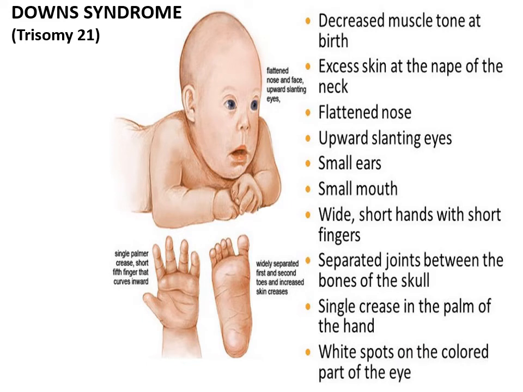Okay, so let's look at some characteristics of a child with Down syndrome from this extra chromosome at the 21st site. When they're born, children with Down syndrome often have really low muscle tone.